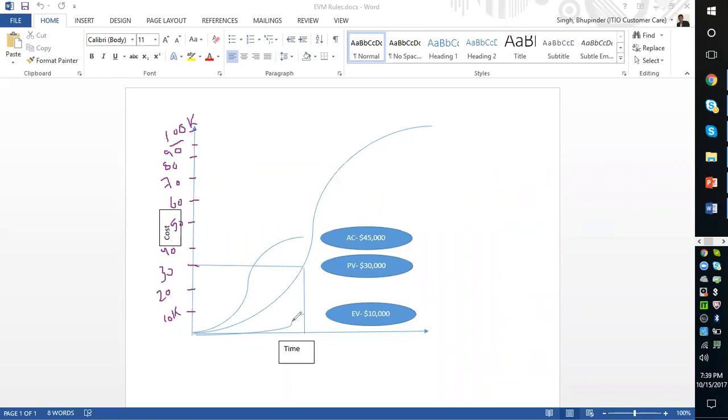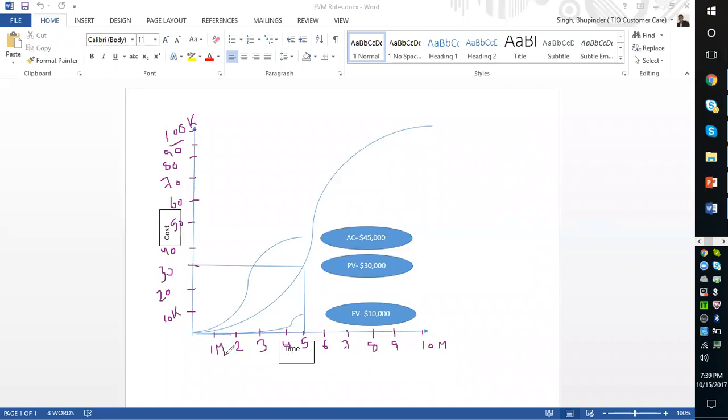How much time did I plan to spend? Let's say this is 1 month, 2, 3, 4, 5, 6, 7, 8, 9, and 10. Let's say this is a 10-month project.